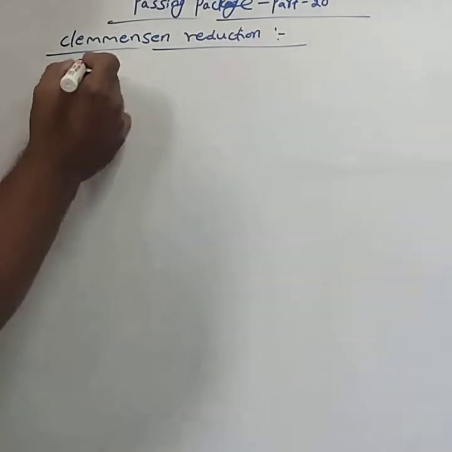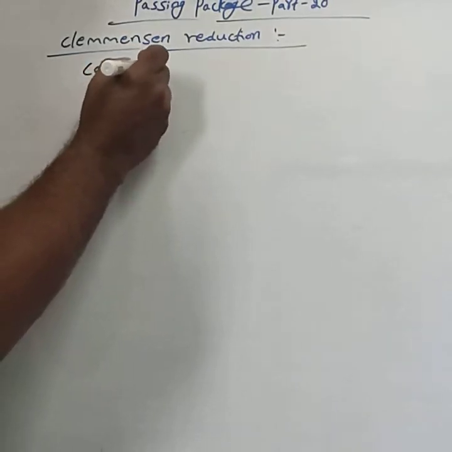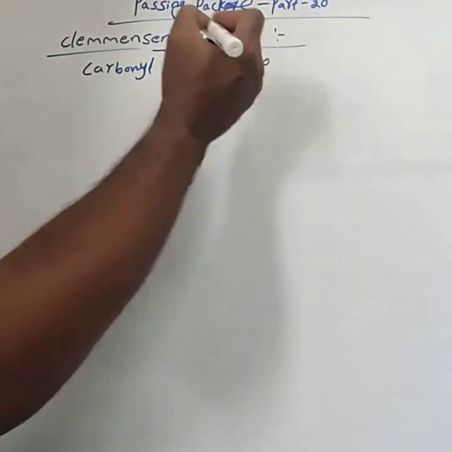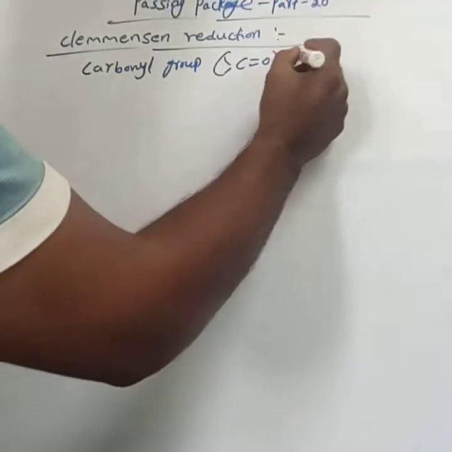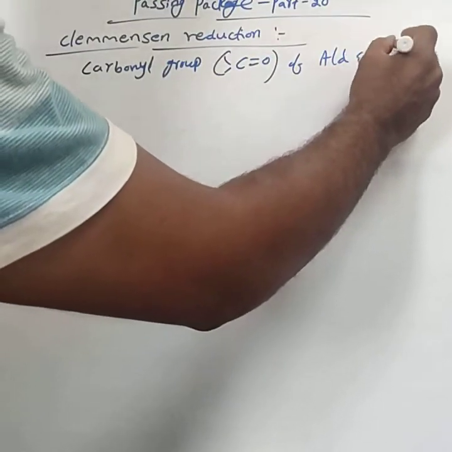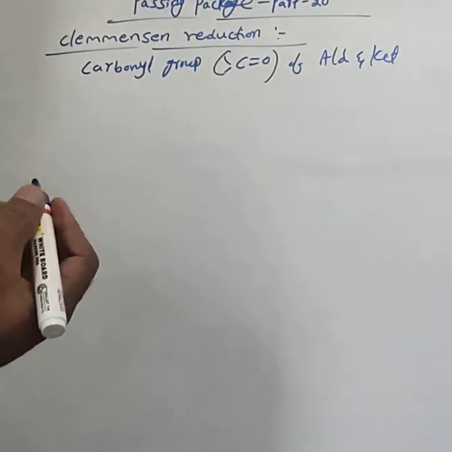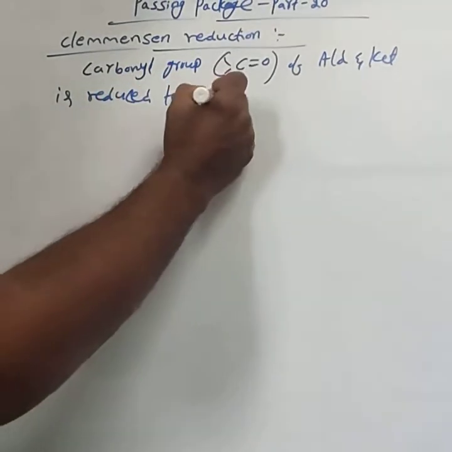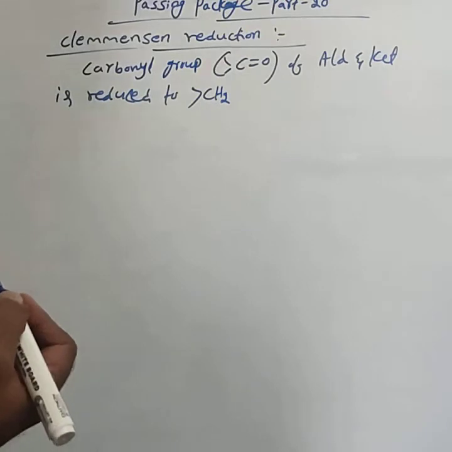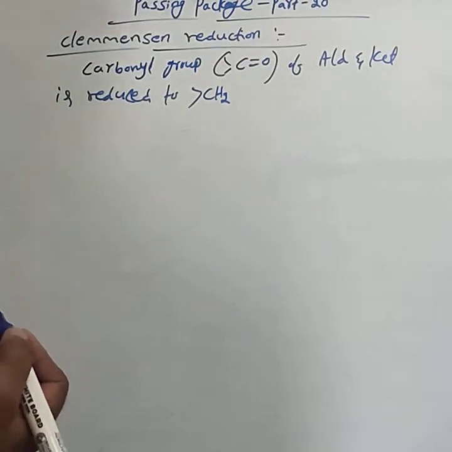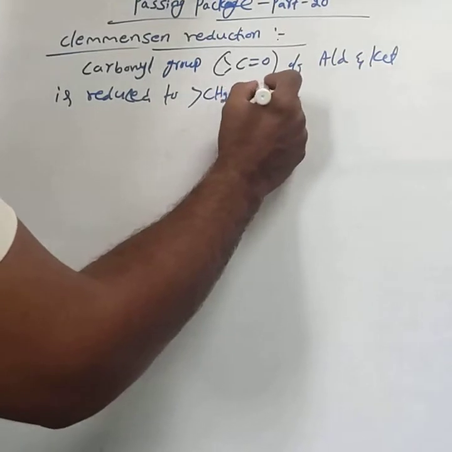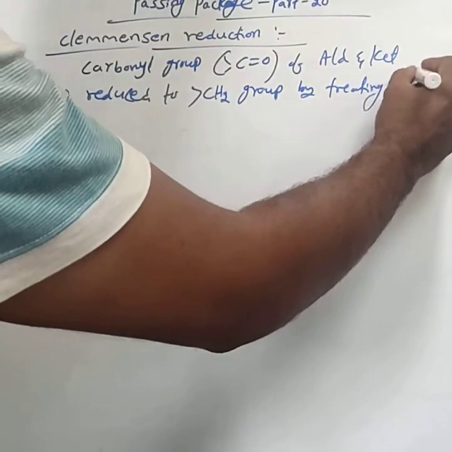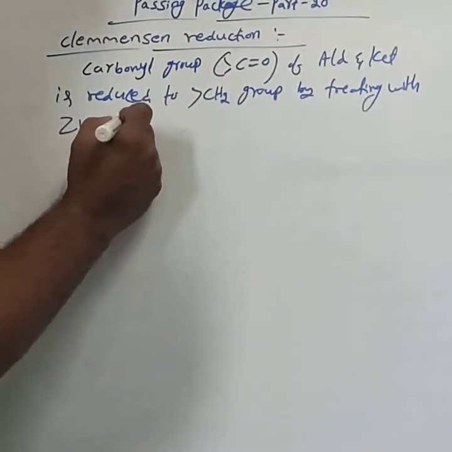In this Clemmensen reduction, the statement is: the carbonyl group, carbonyl group means CO, of aldehydes and ketones is reduced to a CH2 group by treating with zinc amalgam.